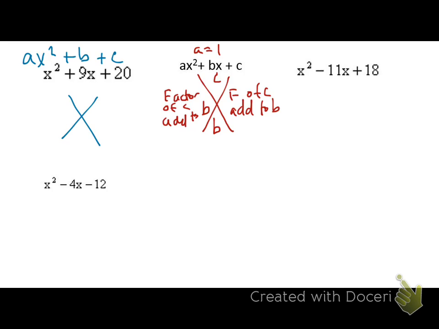All right, so looking at our x squared plus 9x plus 20, what is the value of the c? 20. What is the value of the b? 9. All right, now you're going to fill in each side. Okay, you want the factors of c. Well, what do I mean by factors?